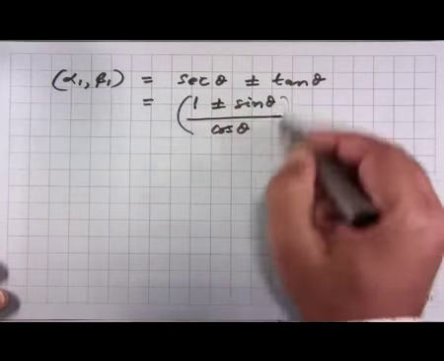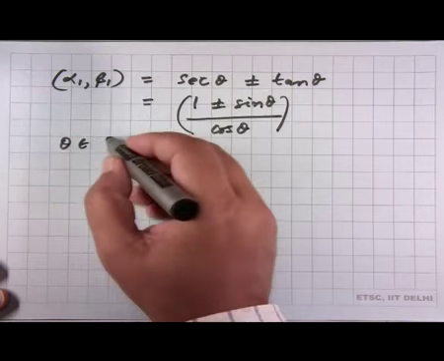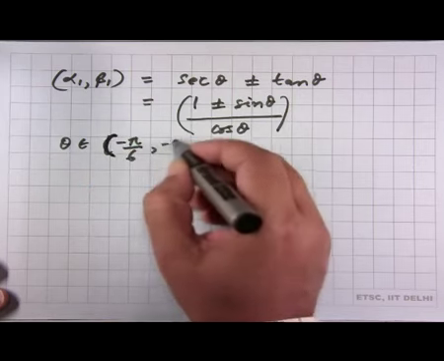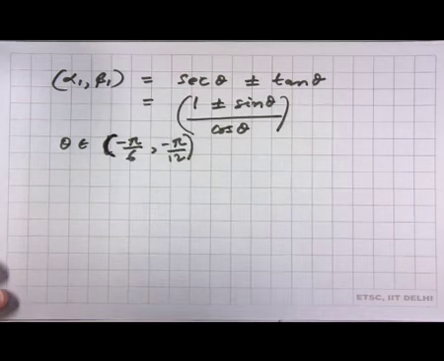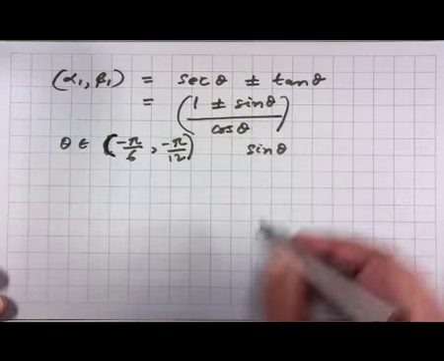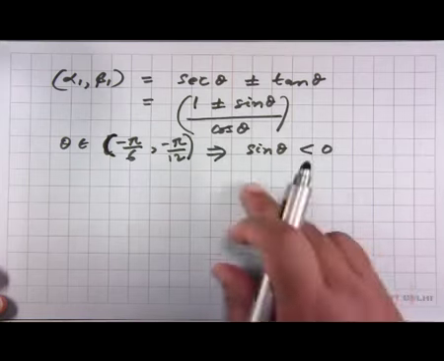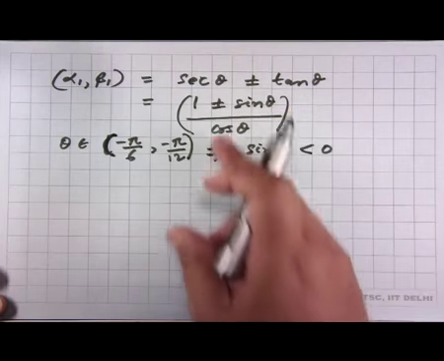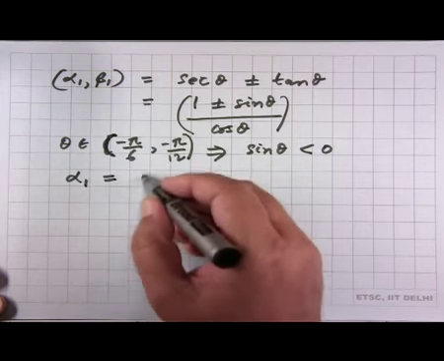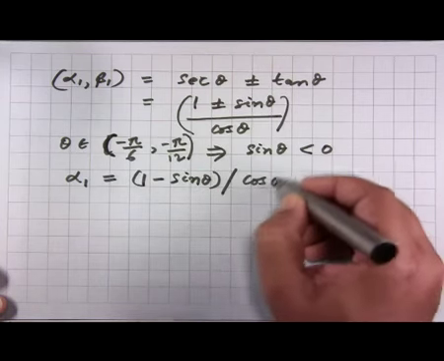Since theta belongs to the open interval minus pi by 6 to minus pi over 12, when theta is in this range, we know that sin theta is negative, and therefore, out of the two roots here, the larger root is the one with the minus sign, and hence alpha 1, which is the larger root, is equal to 1 minus sin theta over cos theta.